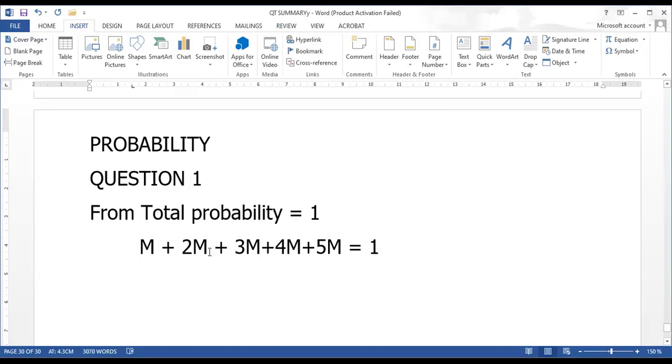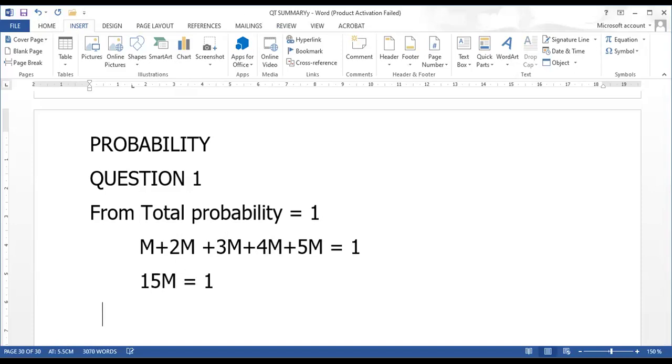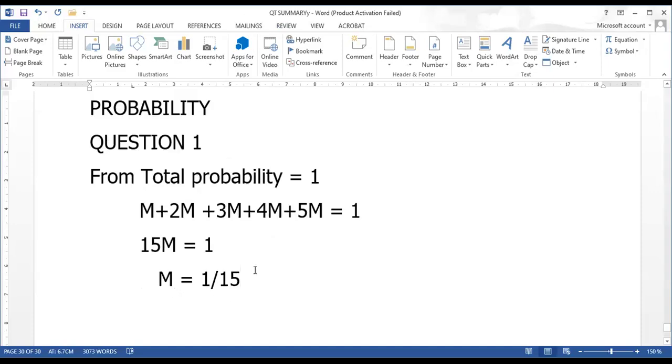So you need m. 1 plus 2 is 3, plus 3 is 6, plus 4 is 10, plus 5 is 15. So you have 15m is equal to 1. M is equal to 1 out of 15.